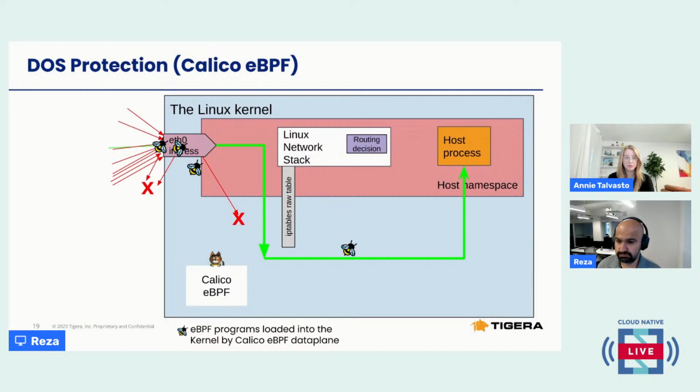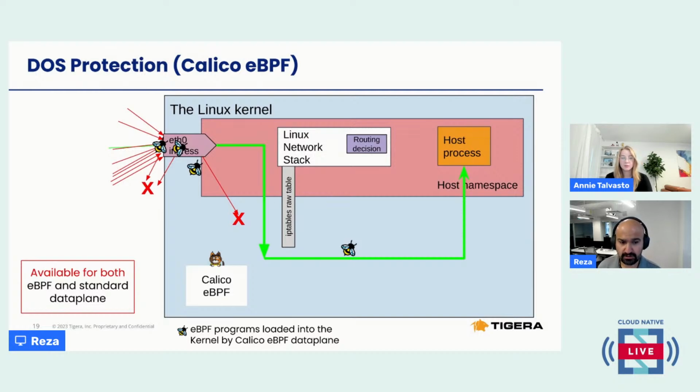So, fun fact, Calico XDP integration is available on both data planes, but in the standard Linux data plane, it's a little bit limited.